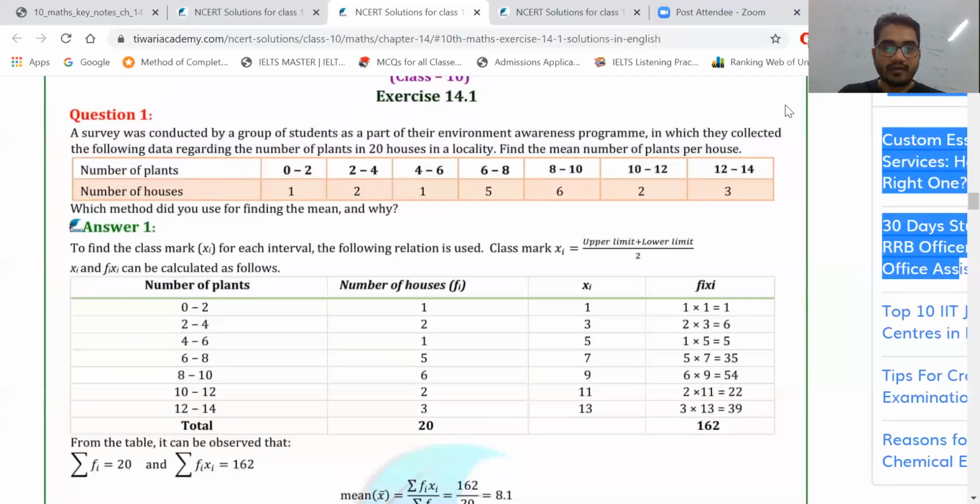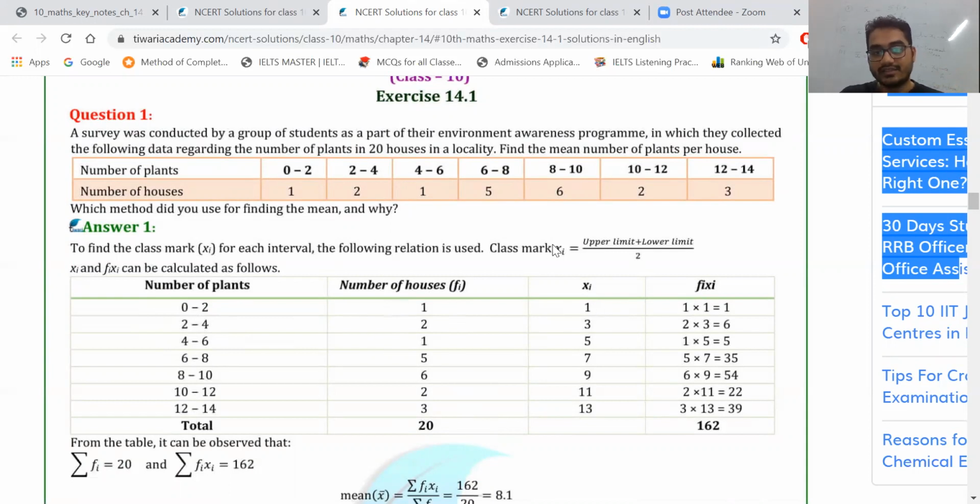The proper table will be converted like that. First we write the intervals 0 to 2, 2 to 4, 4 to 6, then the number of houses, fi, and last we find the xi. How do we find the xi? xi is equal to upper limit plus lower limit divided by 2.